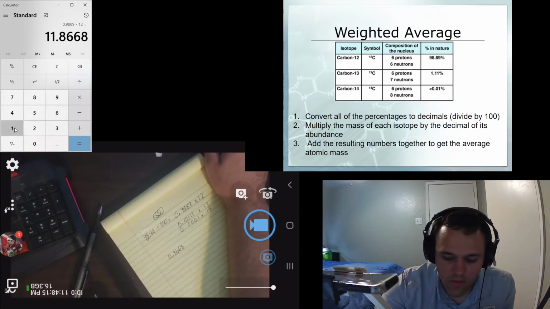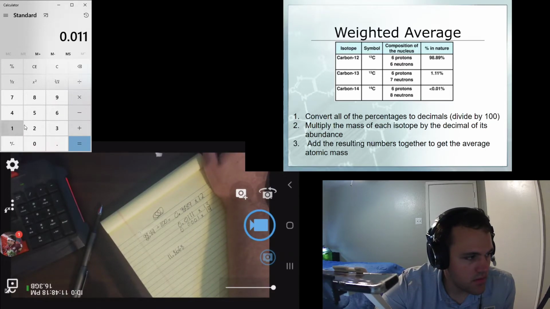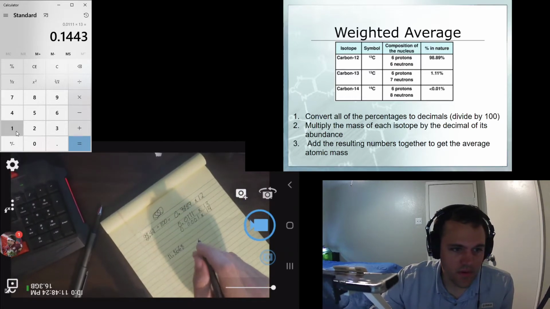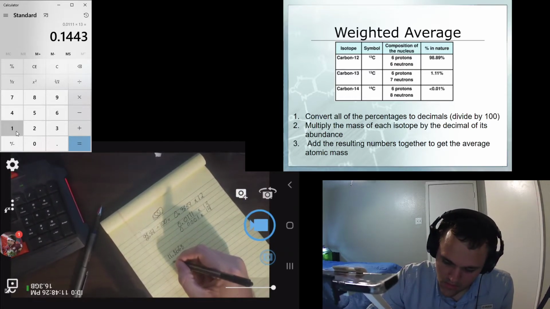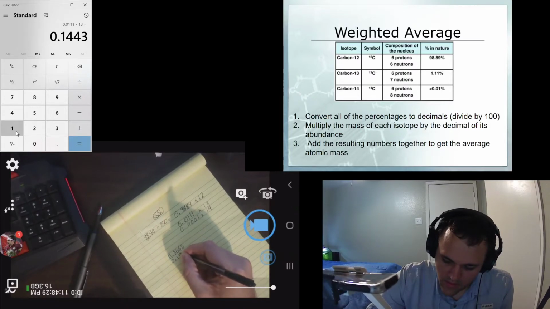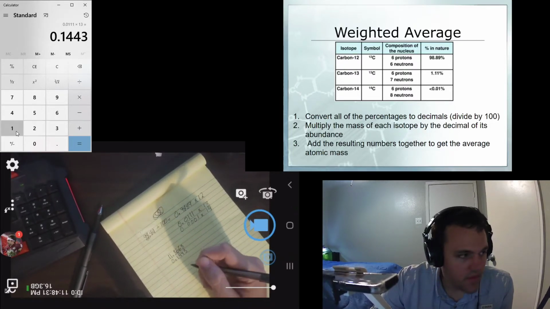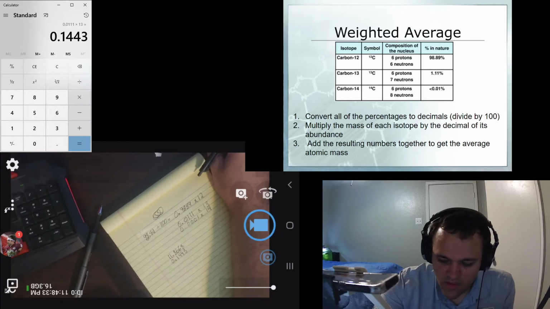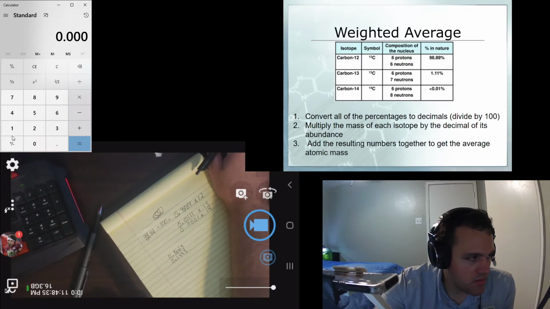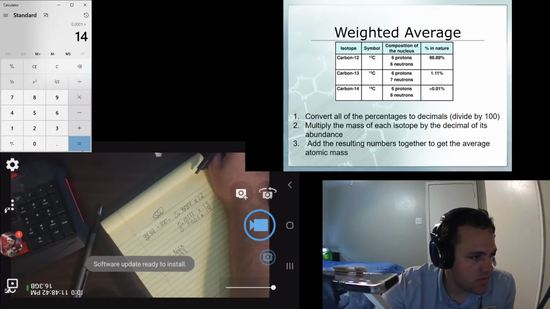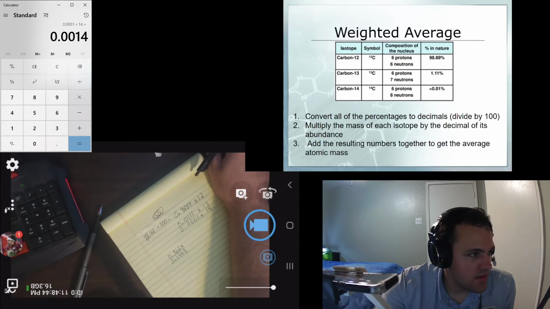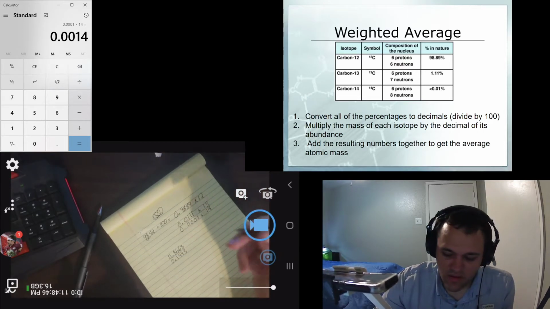The 0.0111 times 13 is 0.1443. And then our 0.0001 times 14 is equal to 0.0014.